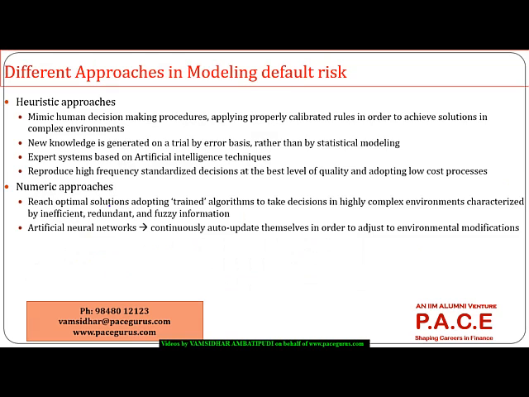Now we'll move on to other approaches for modeling default risk, wherein I am looking at the heuristic approach, which is based on artificial intelligence techniques and expert system based mechanisms, versus numerical approaches. Heuristic approaches are primarily used for mimicking the human decision making procedure. Various kinds of rules are typically considered in a complex environment.